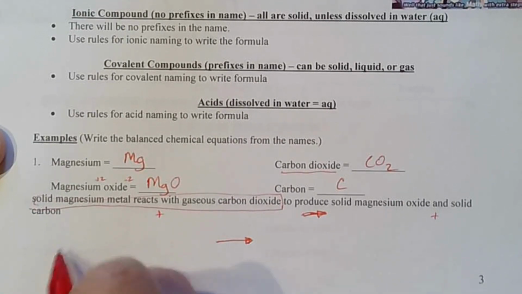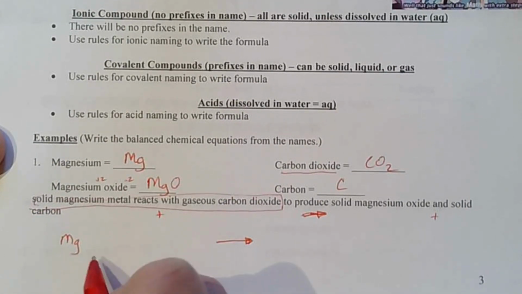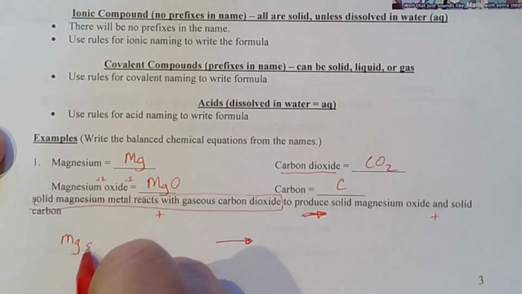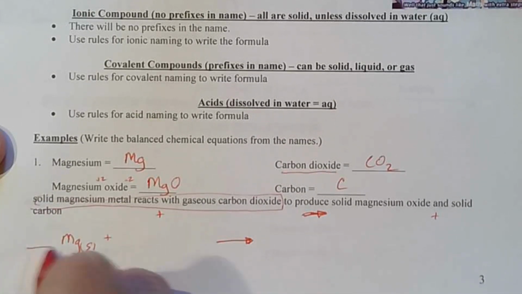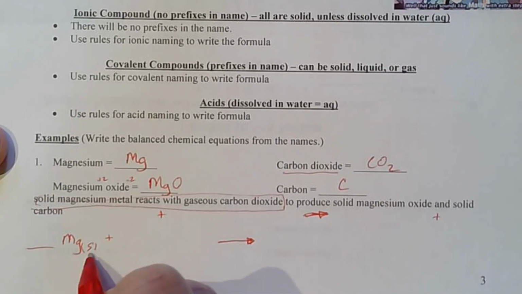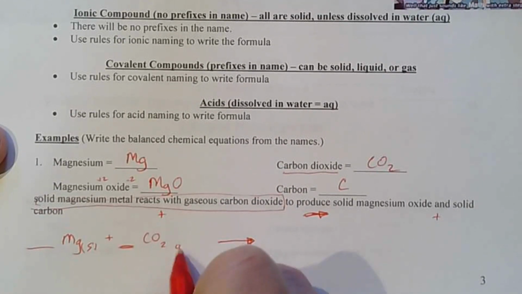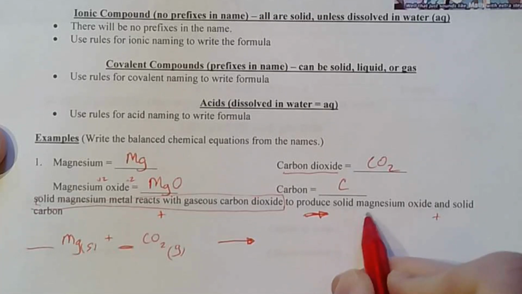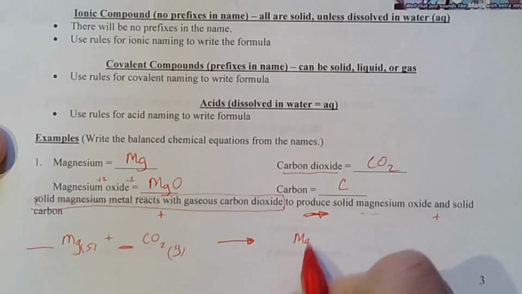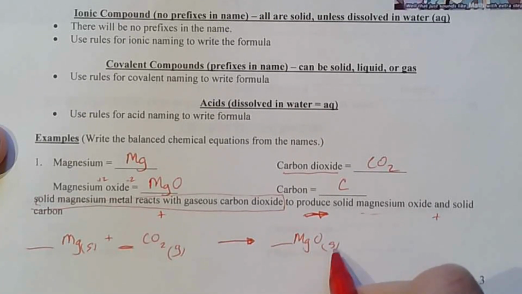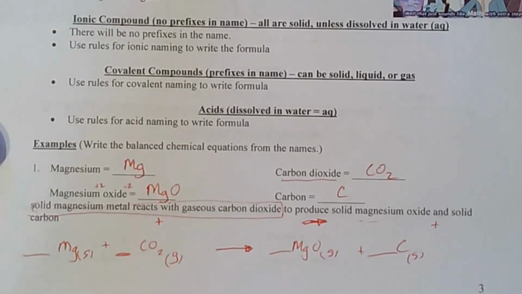So our skeletal reaction is going to be magnesium metal, solid, reacts with carbon dioxide gas to produce solid magnesium oxide plus solid carbon. So there is our skeletal reaction.